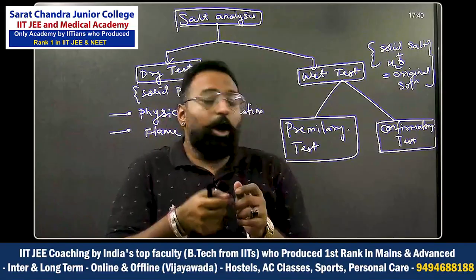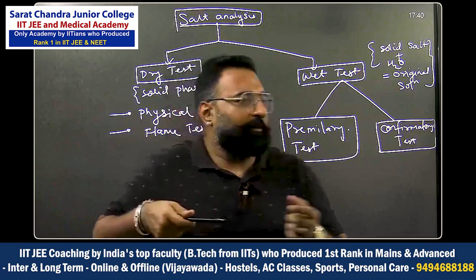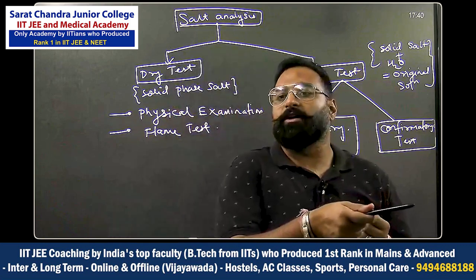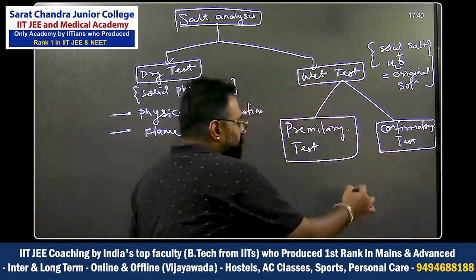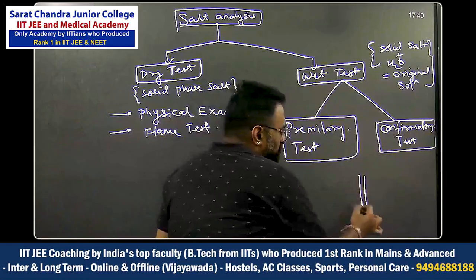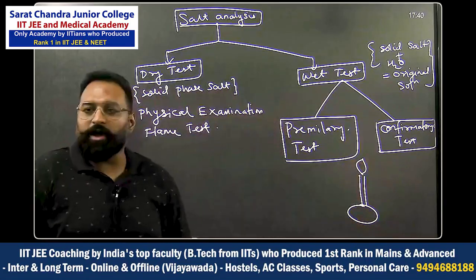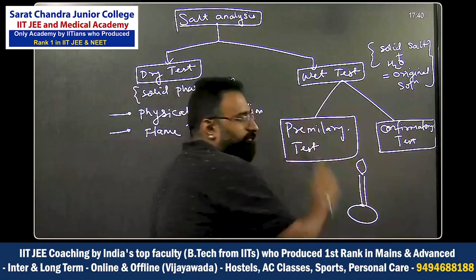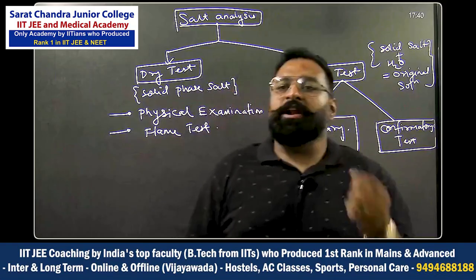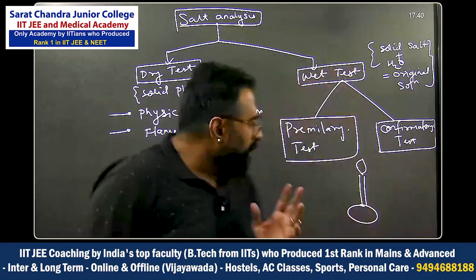That paste we need to coat on a platinum wire, and we need to keep that in the flame of the Bunsen burner. You have seen a Bunsen burner? The structure is somewhere like this. There is a stand and there is a small flame. Okay, so we need to keep that salt in the flame. The flame generates different colors. That is known as flame test.